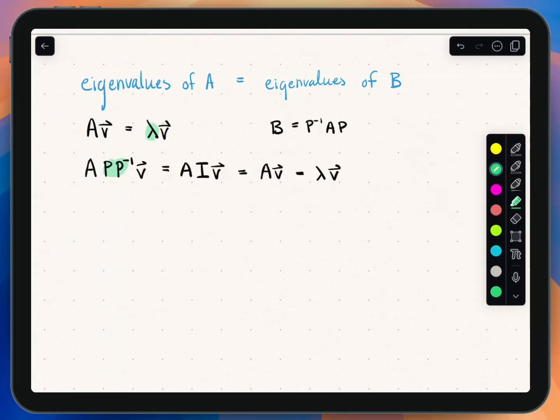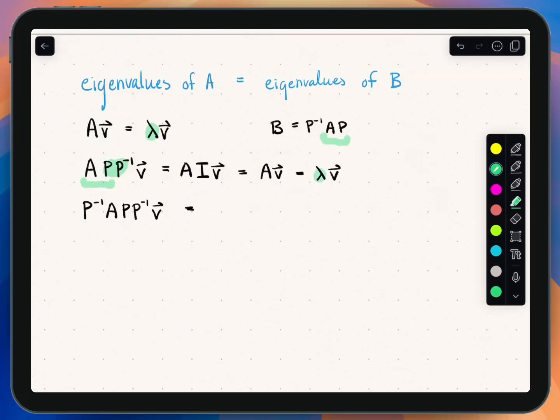now we can see that we have this AP here, so I'll just multiply by P inverse on the left. So I get P inverse A, P inverse V, and since I multiplied on the left by P inverse, I need to do that on the right-hand side too.